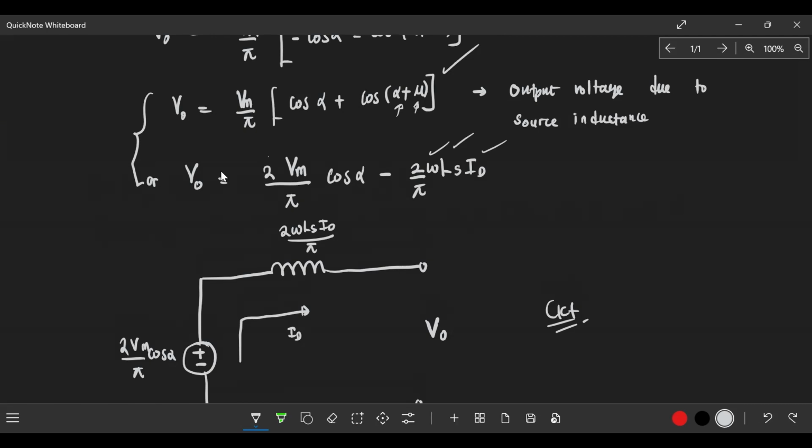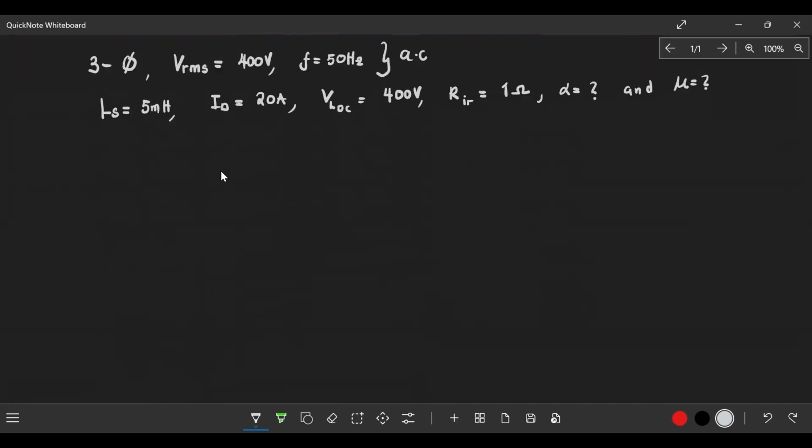So we're looking for alpha, the firing angle. This is the only thing we don't know. Since we're doing a three-phase, how is the equation going to be?